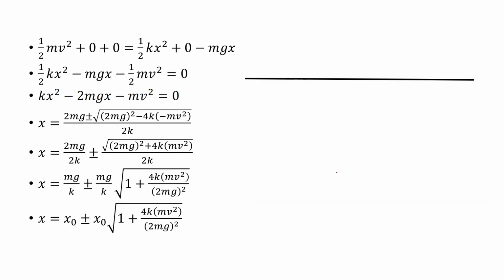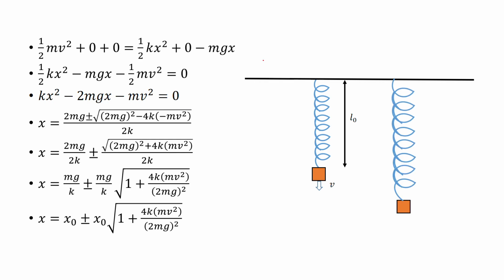Now let us take the case when we are giving an impulse or a velocity to this system. So when we write again the conservation of energy between two positions, the initial kinetic energy is half mv square, and gravitational potential and spring potential energy is 0. In the second case, the kinetic energy is 0, as it is momentarily at rest.